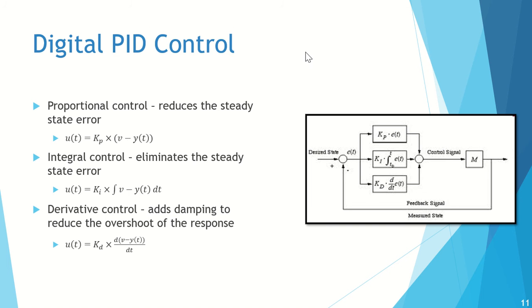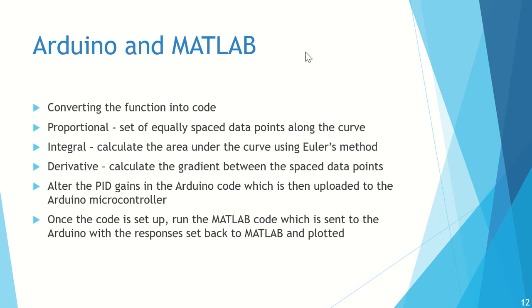This is in a wind tunnel. As we fly it at different tunnel speeds we will have to have different controller gains, and the system is controlled using a microcontroller called an Arduino, and that's connected up to the MATLAB program which acts as a real-time monitor and shows you what's going on in the flight control system.